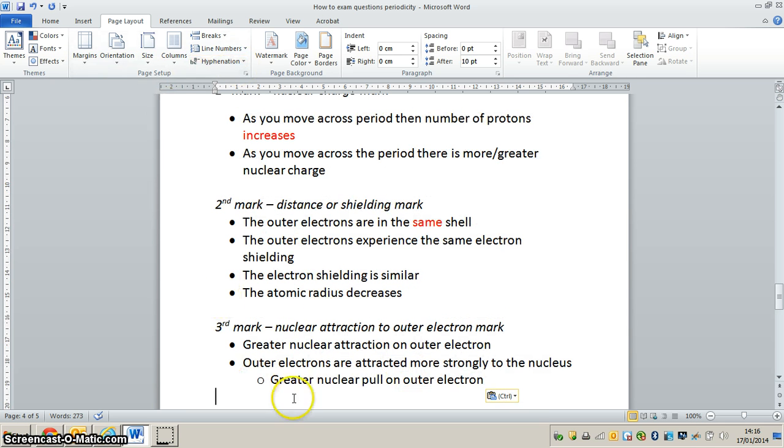This links well into our third marking point, which is about the nuclear attraction to the outer electron.